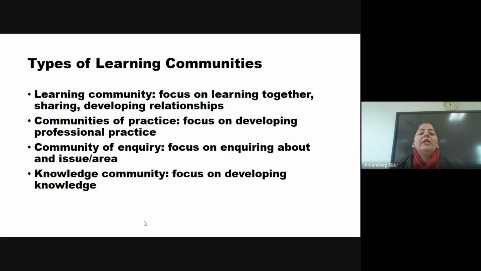Any community that focuses on learning together, sharing and developing resources is considered a learning community. Earlier, in the work environment, it was said competition. Nowadays the terms being used are competition and collaboration. You cannot compete with each other without collaborating with each other.